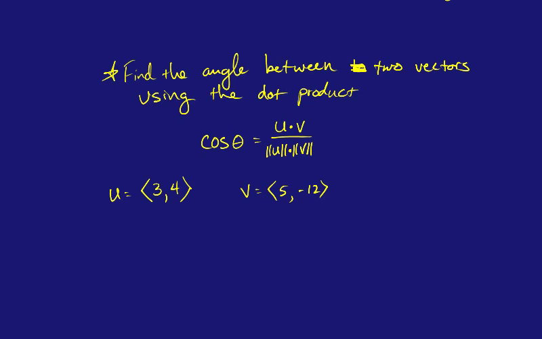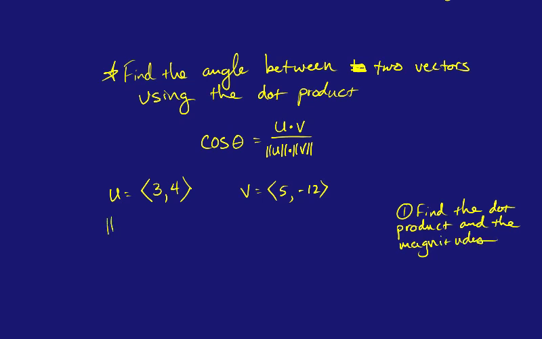You're going to need a calculator, because at some point, in order to find theta, you're going to have to do the inverse cosine. So I've got my calculator open even though you can't see it. So the first thing we're going to do is find the dot product and the magnitudes. You're obviously going to need those in order to use this formula.